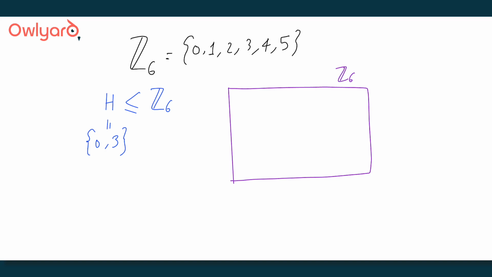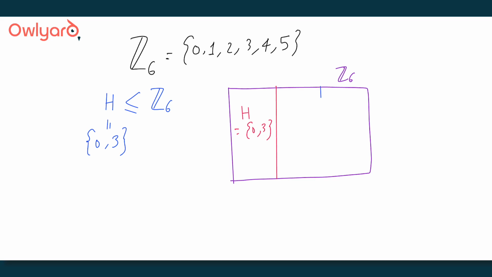And note that with respect to the generator of this subgroup, which is 3, modulo the generator of this subgroup, which is modulo 3, this entire group Z6 can be partitioned into 3 partitions, right? So the first one is H itself, which contains 0 and 3.